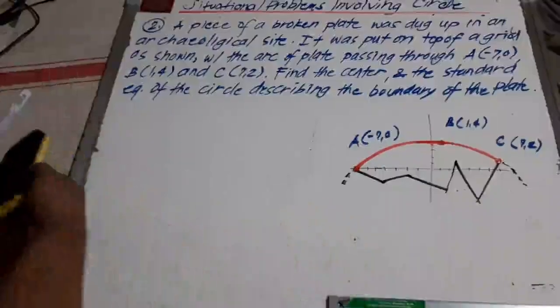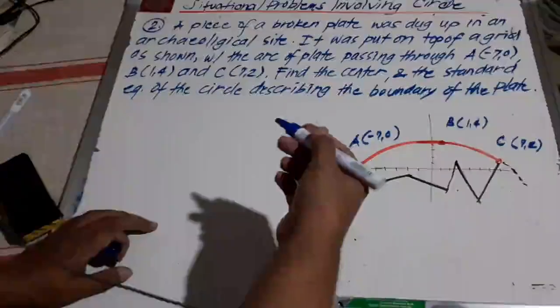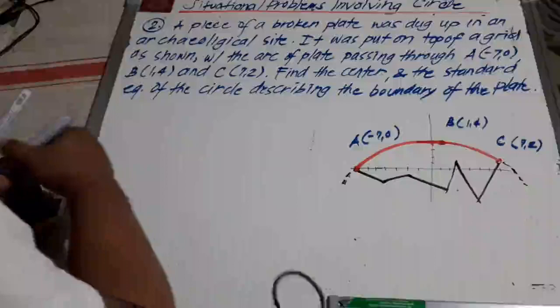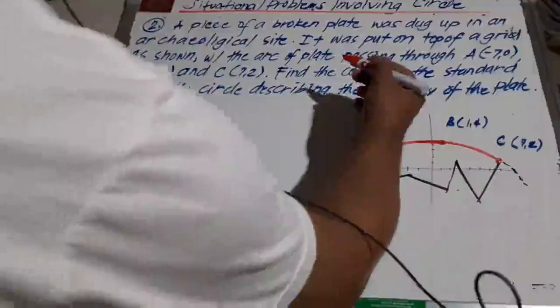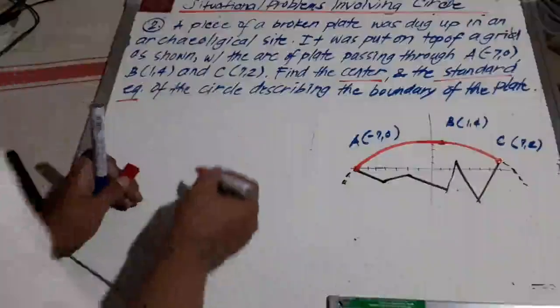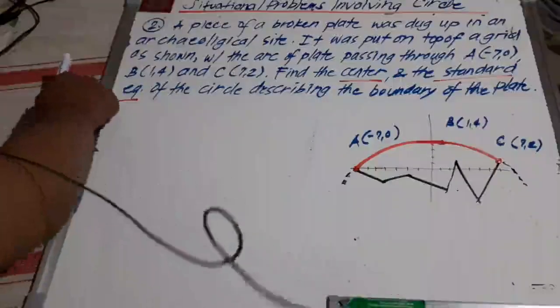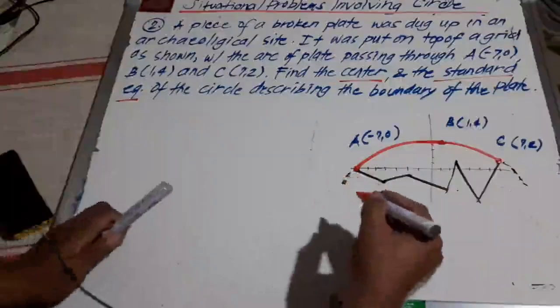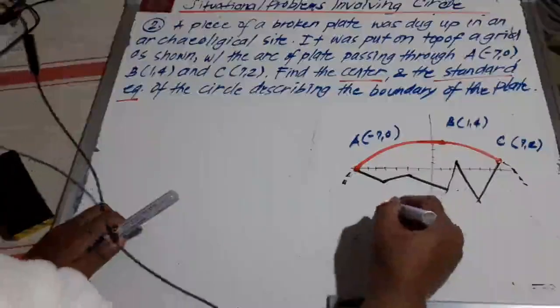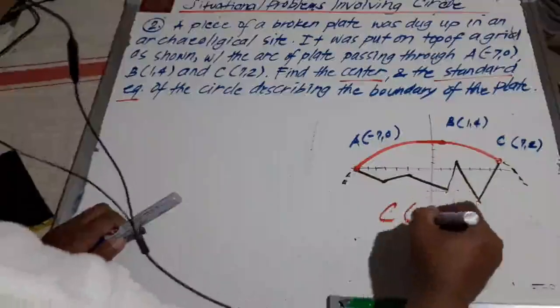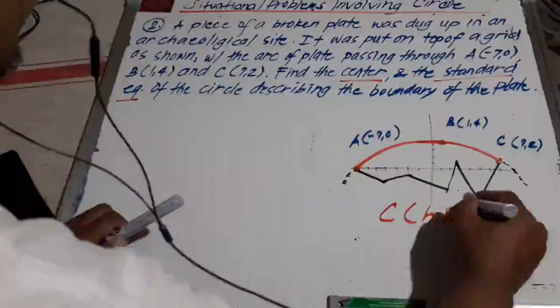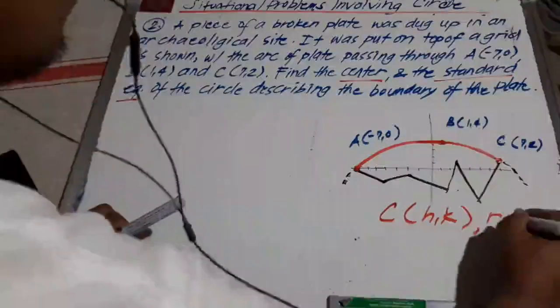Okay. Ang required sa problem ay ma-determine natin yung center, at alamin natin yung kanyang standard equation. So, ang kailangan natin ay location of the center, yung (h, k), at kailangan natin yung length ng radius.